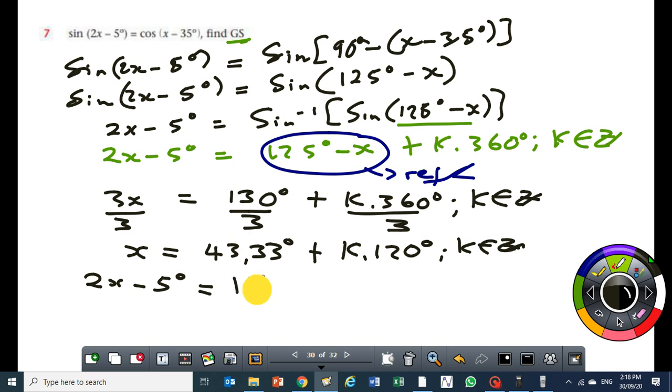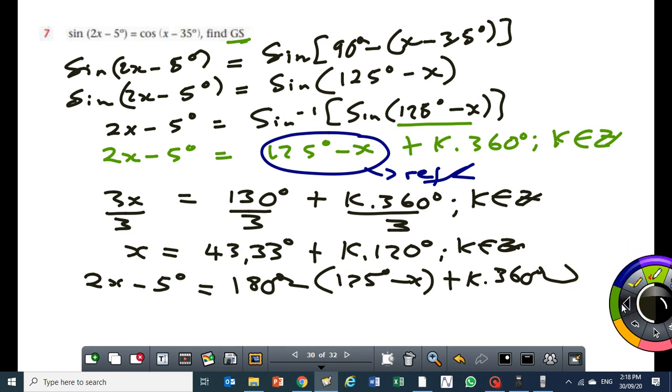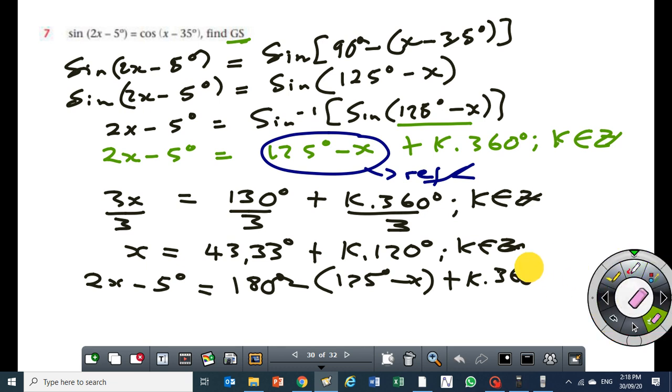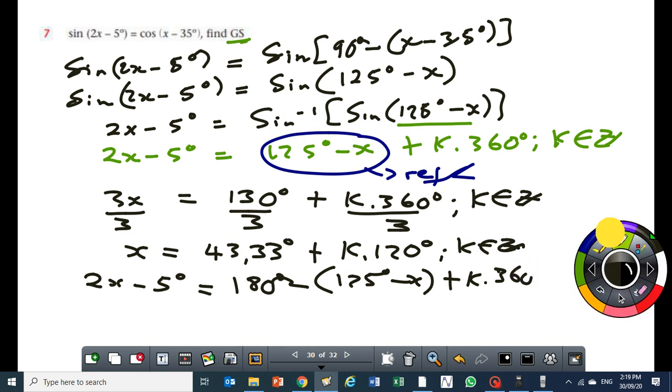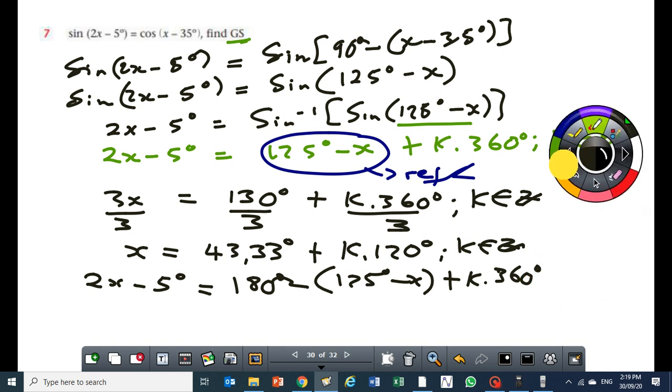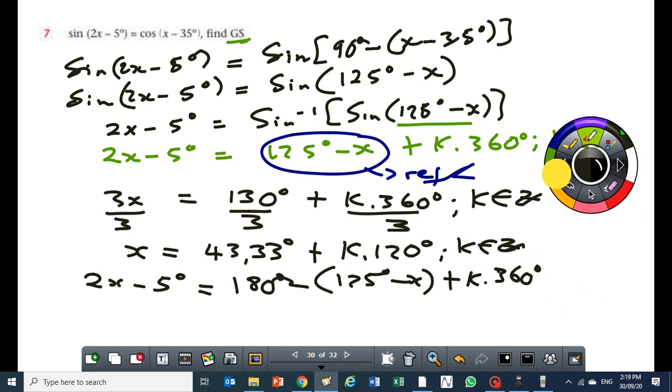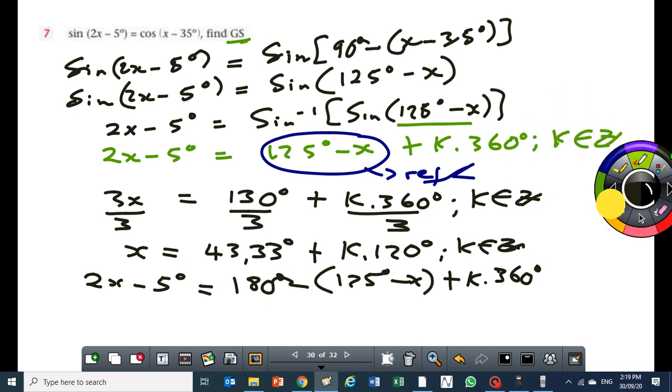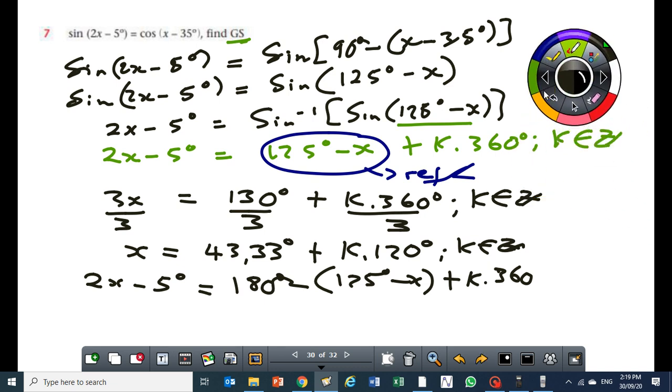So it will be 180 degrees minus, open bracket, 125 degrees minus x plus k times 360 degrees, where k is an integer.